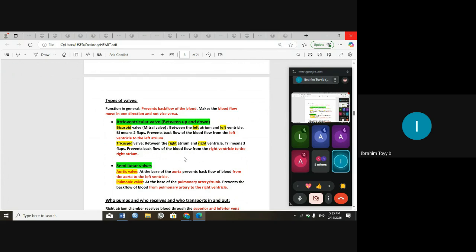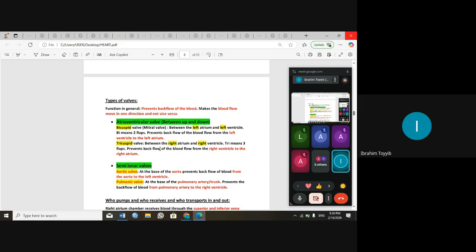So the function of the bicuspid or mitral valve is to prevent backflow of blood from the left ventricle to the left atrium, because when blood enters the left atrium, it will go to the left ventricle. So for the blood not to go back from the left ventricle to the left atrium, the bicuspid valve does that function.